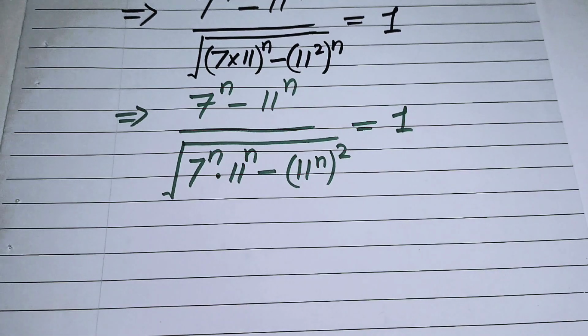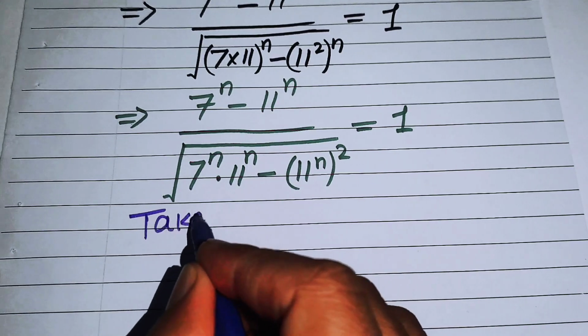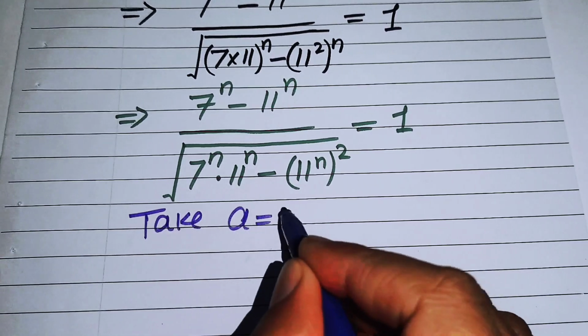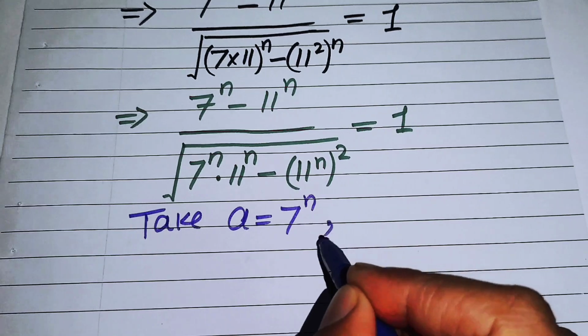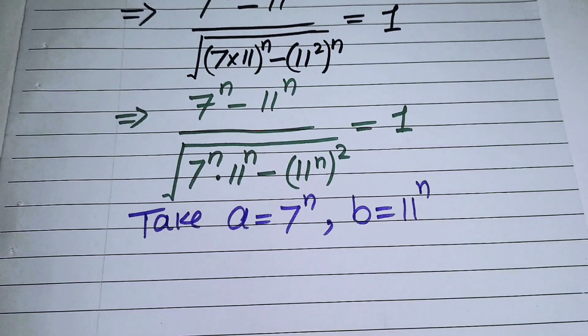So in the next step we need to simplify the terms, so here we take a equals 7 to the power of n and b equals 11 to the power of n.